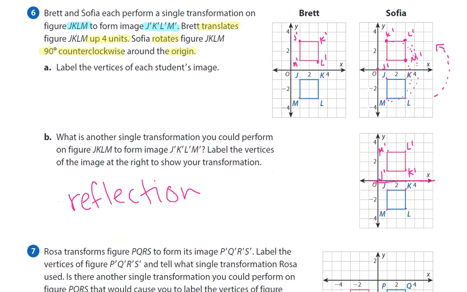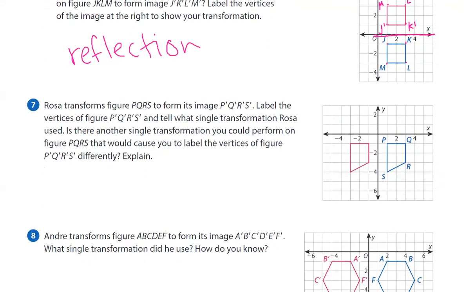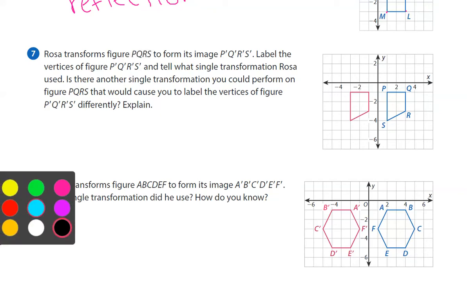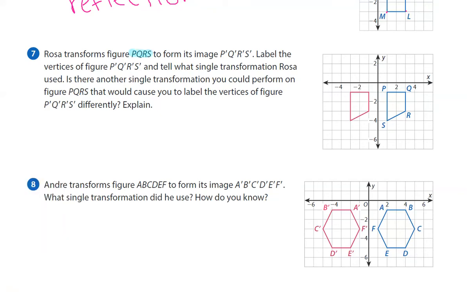Okay, 1 down, 2 to go for our guided practice. Rosa transforms figure PQRS blue to form its image P prime, Q prime, R prime, S prime.